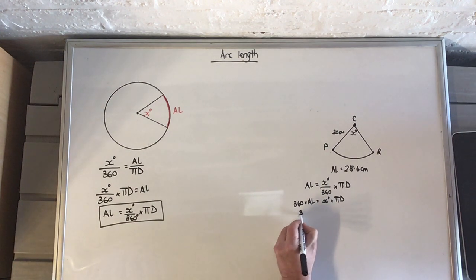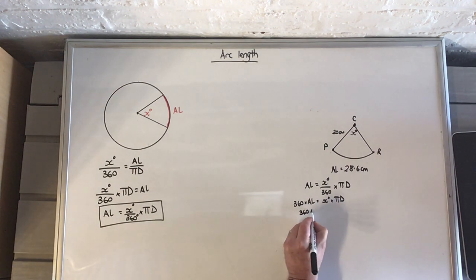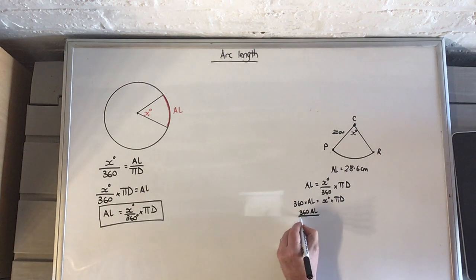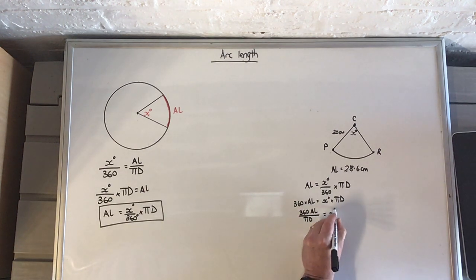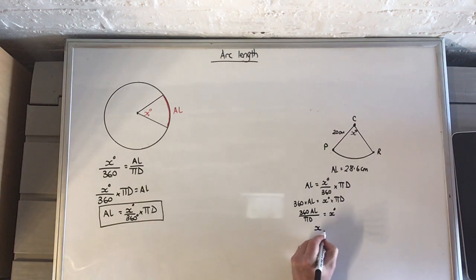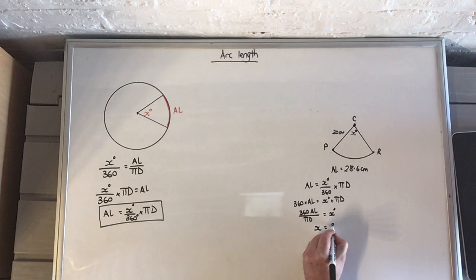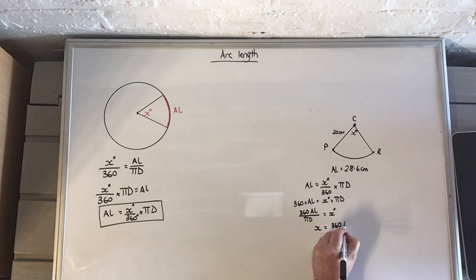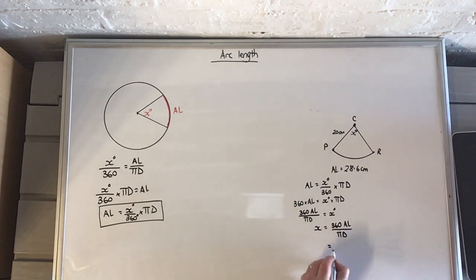So that's going to be 360 times AL all over pi d equals x degrees. And then we just swap that over to get our formula. Okay, just take the time with that if you're not sure, but I would encourage you to practice it. Okay, and this, when we shove in my numbers, will give us the angle at the centre.